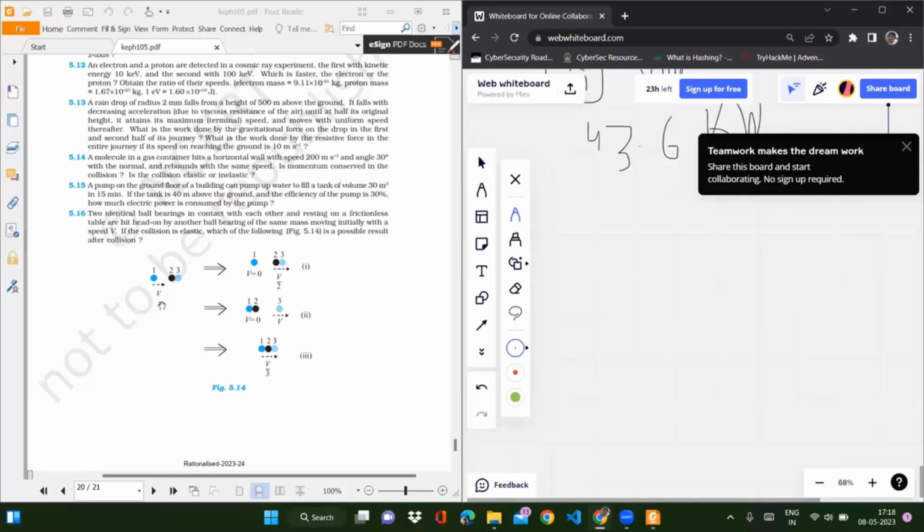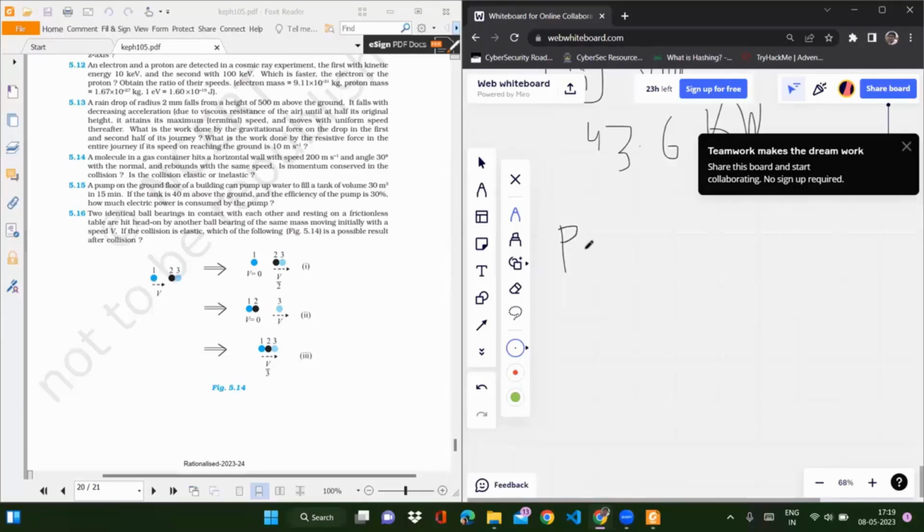So we are going to check these conditions, and wherever both conditions are satisfied, that case is possible, meaning it can be a result. Now in the first case, is momentum conserved? P initial was mv, considering the mass of the ball to be m.